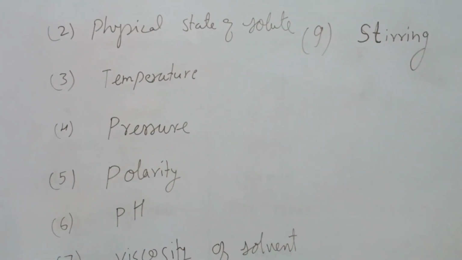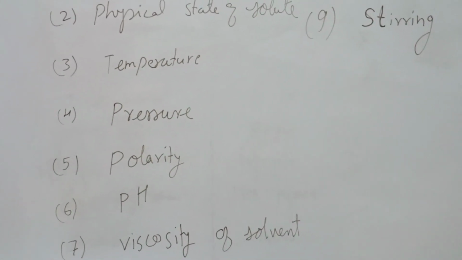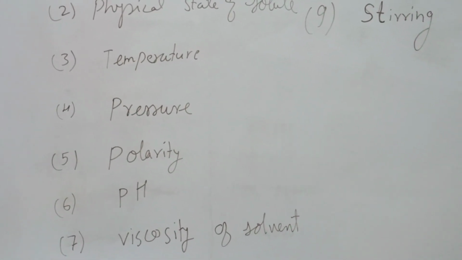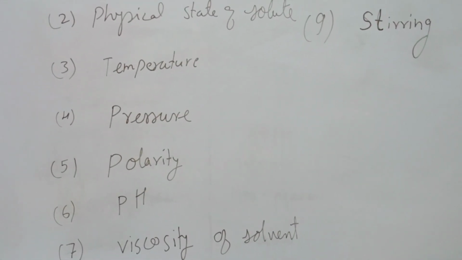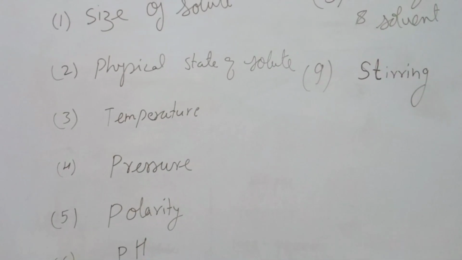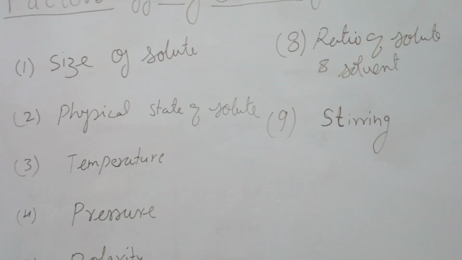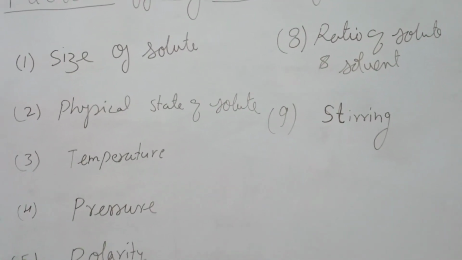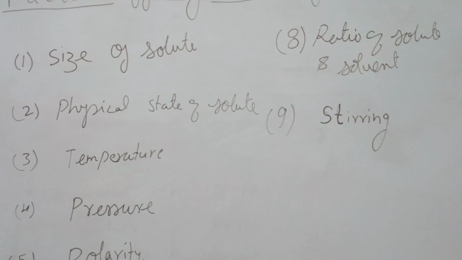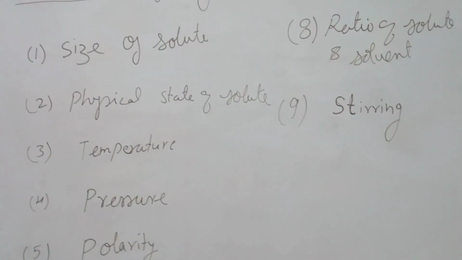And then after pH is the viscosity of the solvent. The viscosity of the solvent also affects the solubility of a solute. Then after this, the solute solvent ratio also affects the solubility. Then stirring, the last one is the stirring.